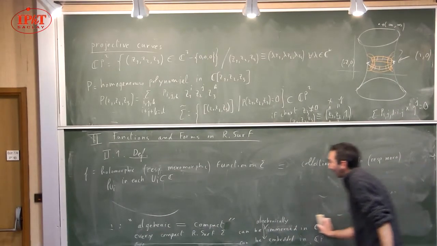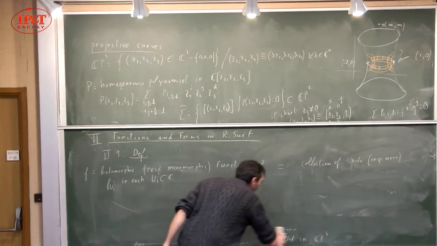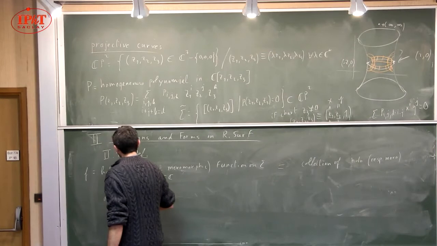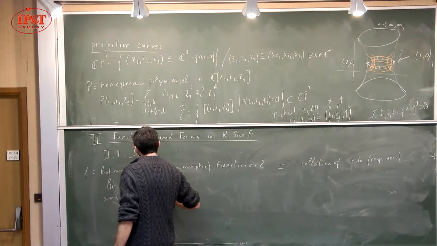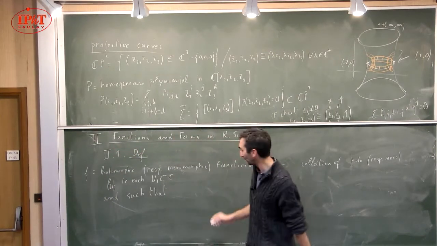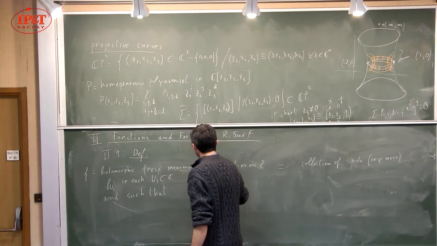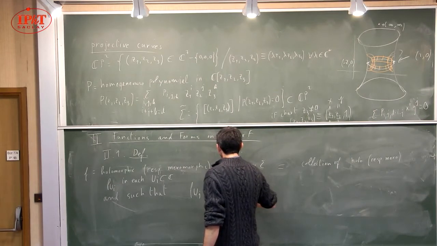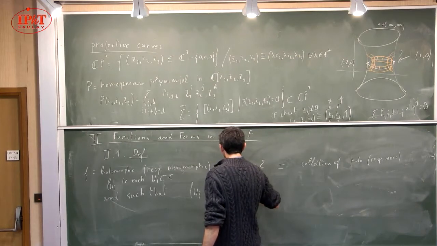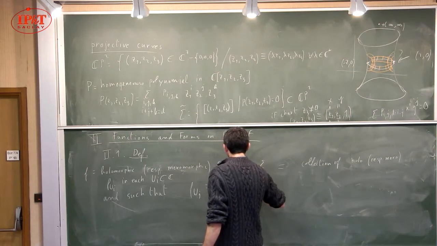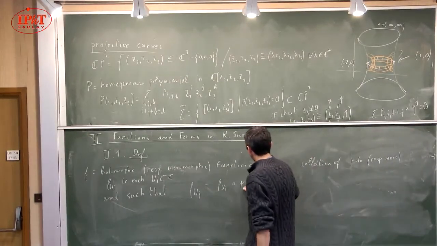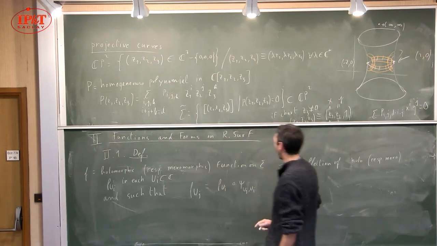And such that they are compatible with transition functions. So f_Uj equals f_Ui composed with psi_ji, where psi goes from Uj to Ui. That's how I define it.